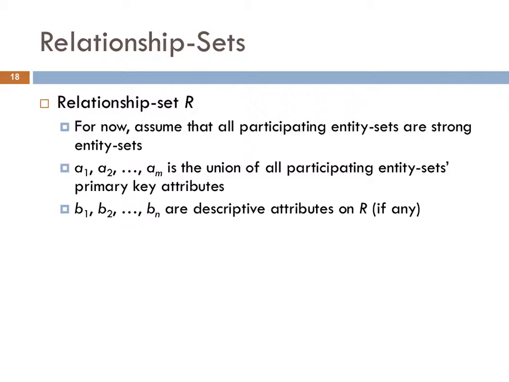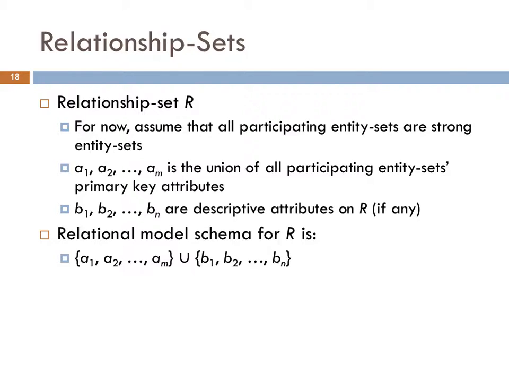So, A1 through AM is the union of all the participating entity sets' primary key attributes. And if you have any descriptive attributes, then you plop those on the end as well. So the relational model schema for R becomes this. All the primary key attributes of the participating entity sets, and then any descriptive attributes are thrown in there as well.